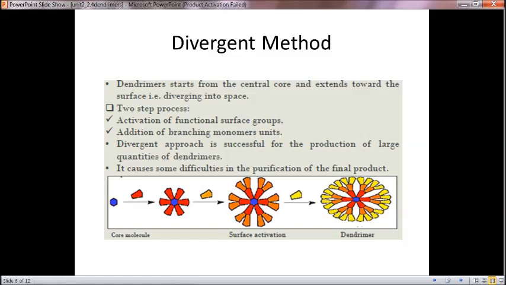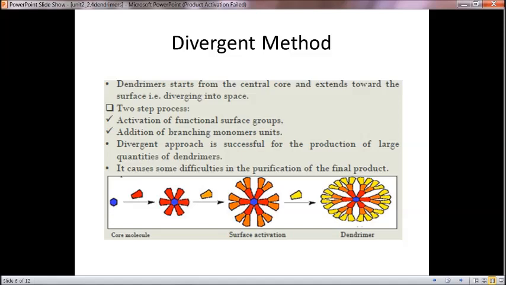It's a 2-step process: activation of the functional surface group and addition of the branching monomer unit. First, activation of the functional surface group starts from the central core, then addition of branching monomers is done, and it is repeated to build the dendrimer surface activation and then hyperbranching.